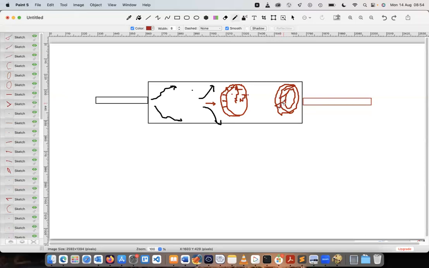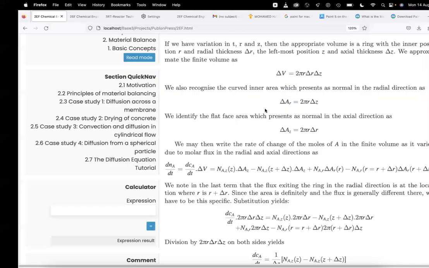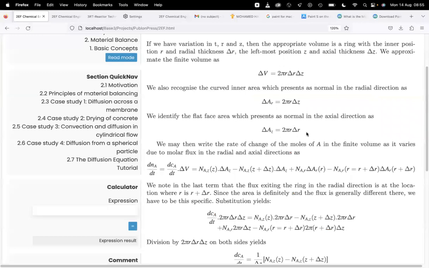So when we move axially, we are going to encounter this flat face of the ring. And so a way to approximate that area is 2 pi r, the inner circumference, times the radial thickness delta r. So 2 pi r delta r is the area that's normal to flux in the axial direction.